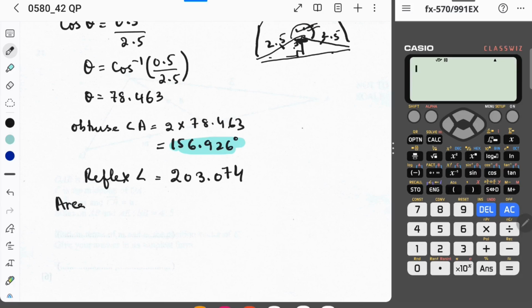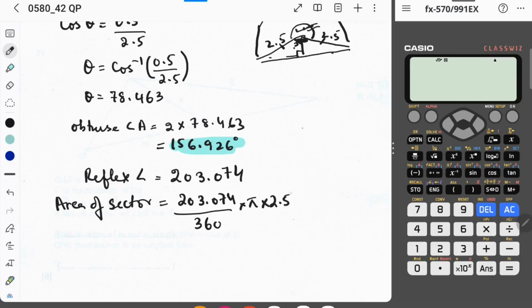The area of the sector is equal to angle upon 360 degrees into pi into r square, where r is 2.5. So let's find that: 203.074 divided by 360 degrees into pi r square.